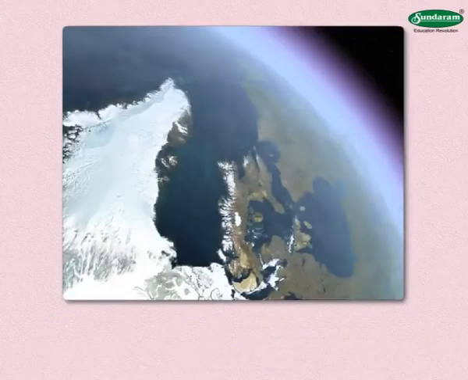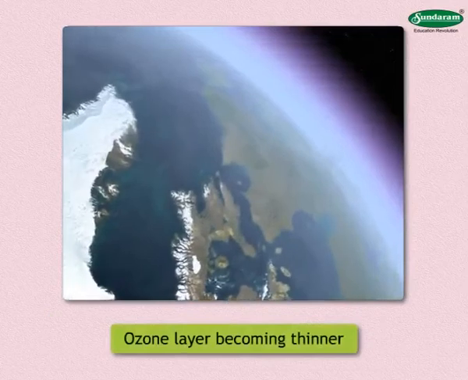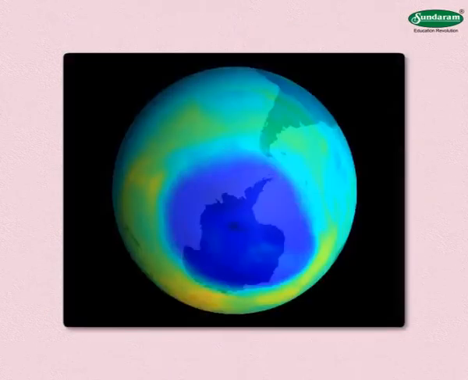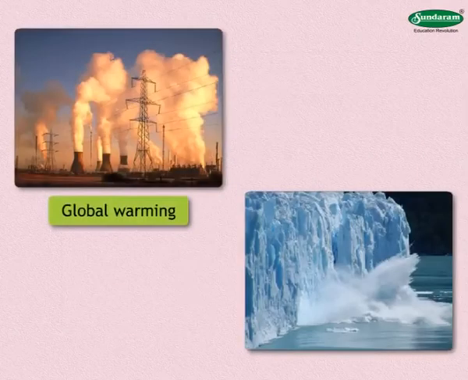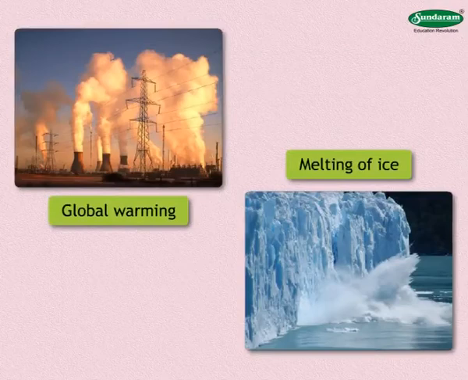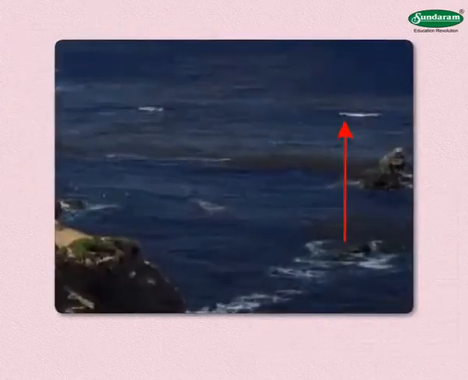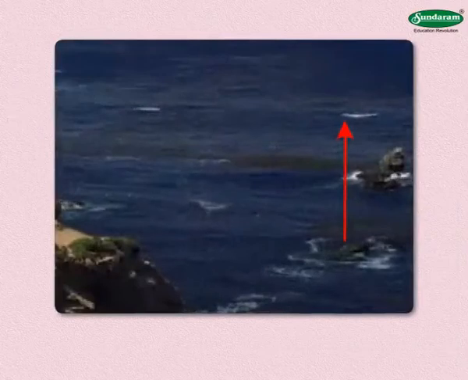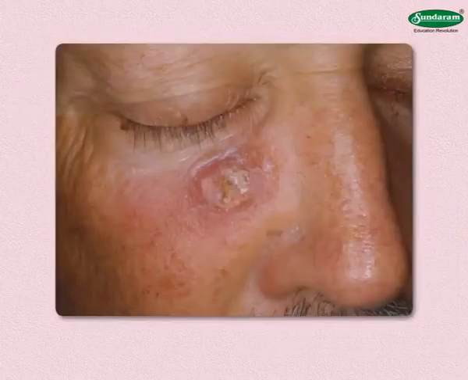In the past few years, it has been noticed that the ozone layer is becoming thinner. In some places, it has almost disappeared. This has given rise to new dangers like global warming, melting of ice at the Earth's poles, which causes a rise in sea level, increase in the incidence of dangerous diseases like cancer of the skin.